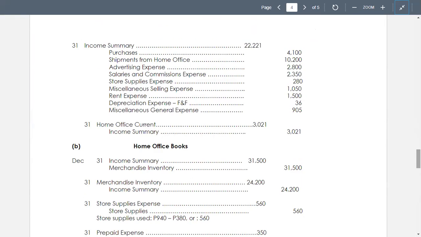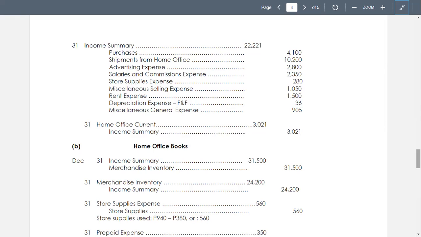So we now debit it to home office current and credit income summary. Now those are the entries of the branch. We need the entries in the preparation of the working paper. Now also in the books of the Home Office, we have the following adjustments and elimination entries.